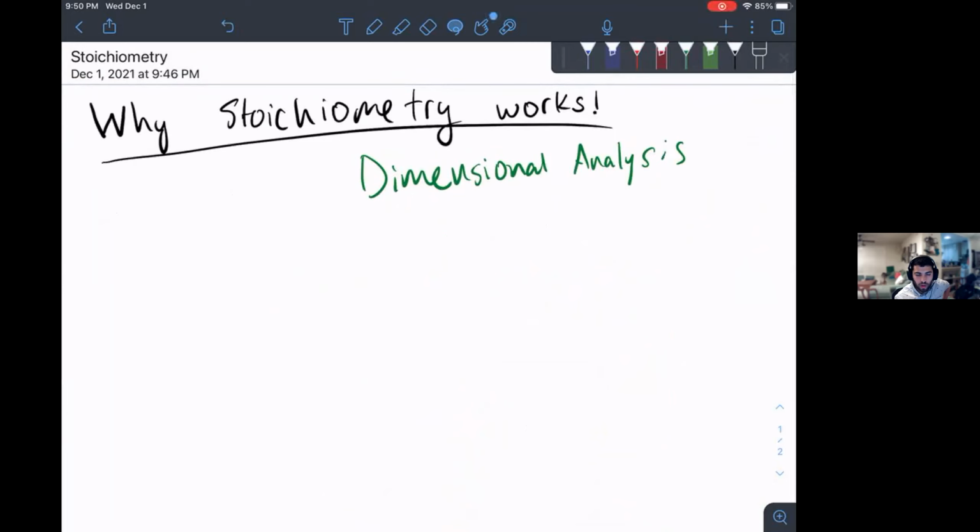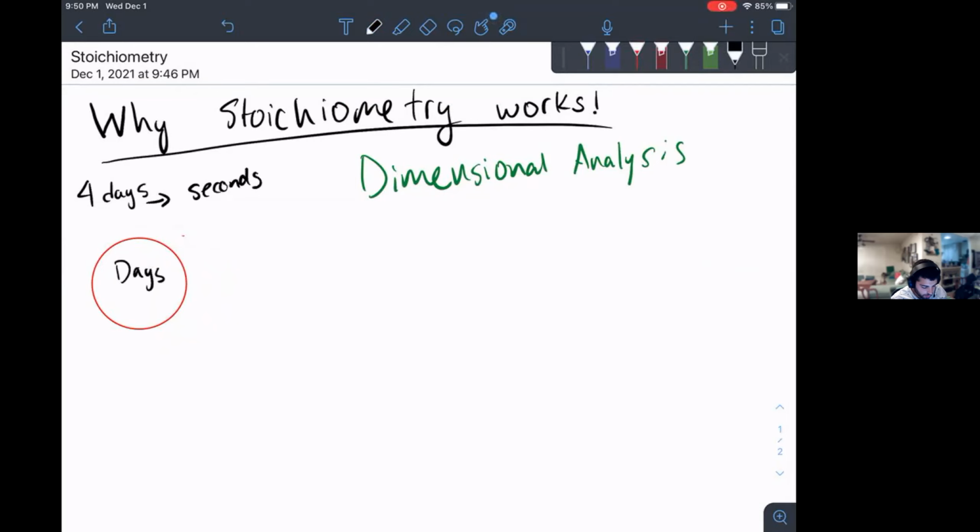It's how we convert one thing to another. And if I gave us the problem where I have days, and I want to convert 4 days to seconds.